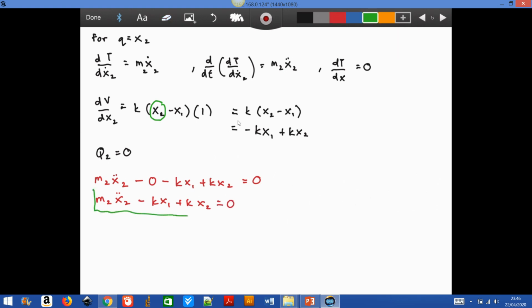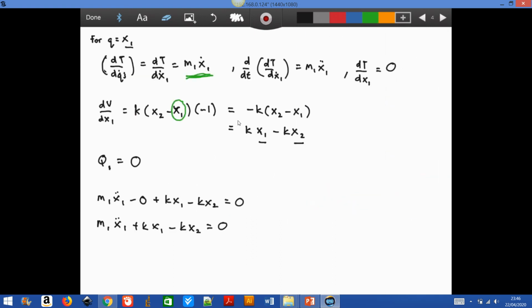So this is for q is equals to x2, and this is for q equals x1.